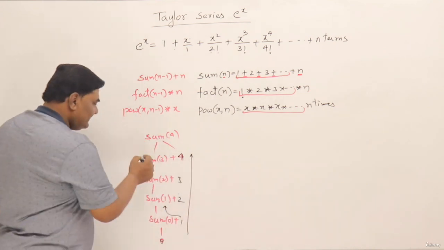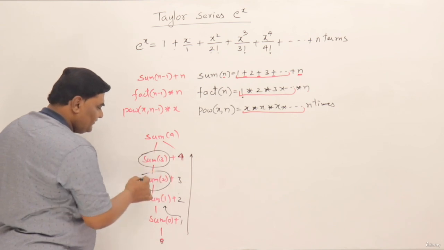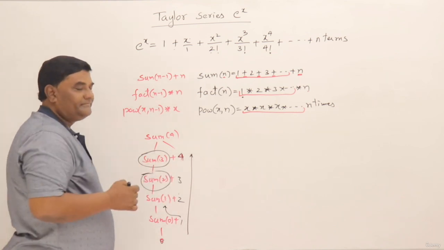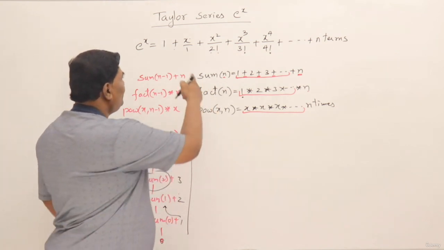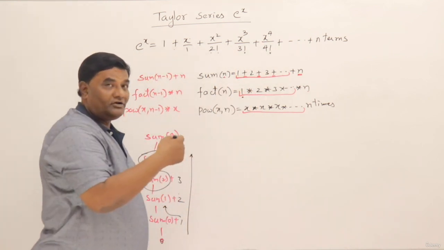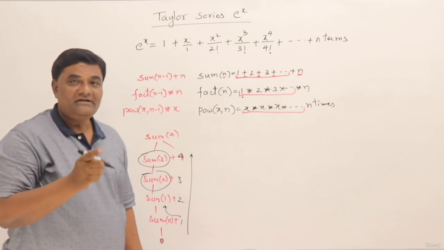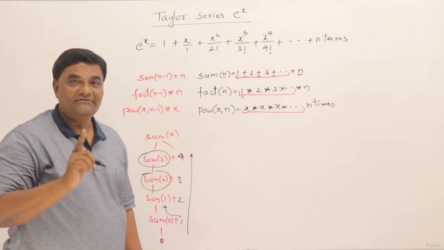Like this is sum of 3 numbers plus 4, this is sum of 2 numbers plus 3. So here the sum of these terms plus this term we can do. But what about the power and factorial? Power and factorial cannot be returned by the function. A function can return only one value.